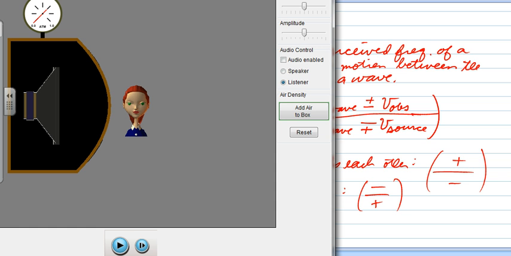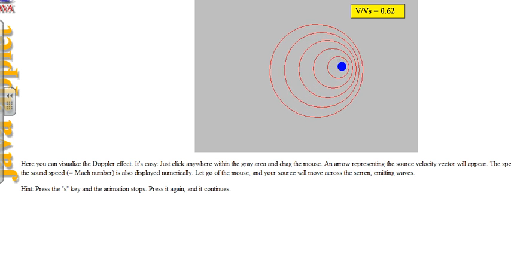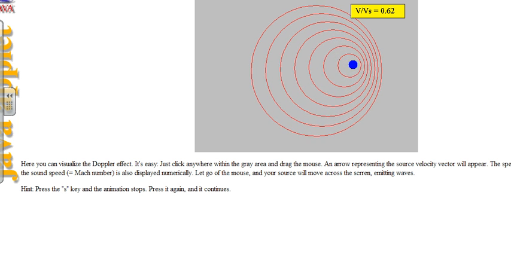So, oops, that's my sound demo. Okay, so here's an applet, and what we have on the upper right is basically a ratio between the speed of the source and the speed of sound itself. So if I just put a dot right here, now I've made it go at about 60% the speed of sound.